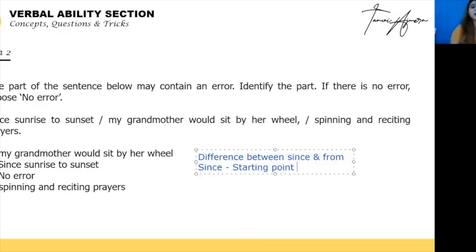And from the starting point, we come to what the present is. So if I say that India has been fighting unemployability since a revolution, or since the economic crisis, since COVID-19 pandemic. So since that time means until present.